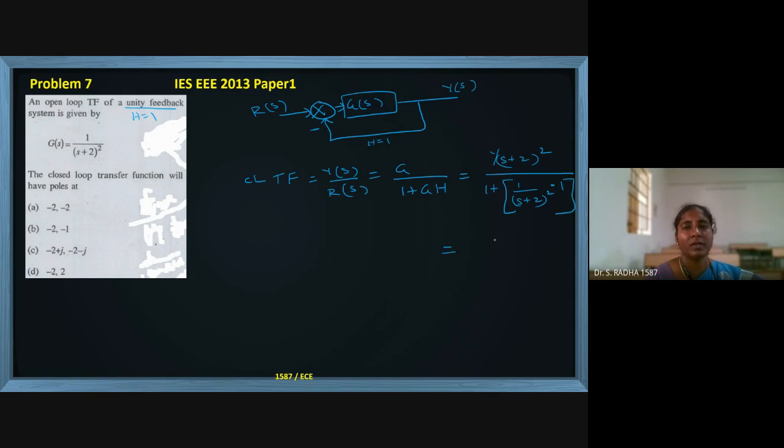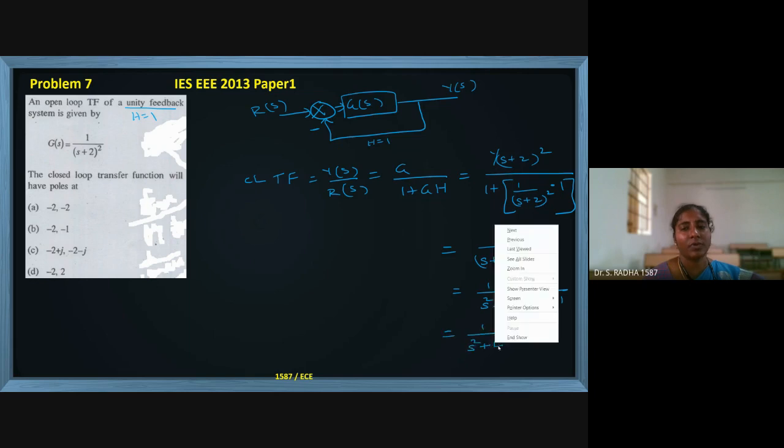If you make LCM, other things get cancelled. Now this is 1 by s square plus 4s plus 4 plus 1, so it is 1 by s square plus 4s plus 5. This is the closed loop transfer function.